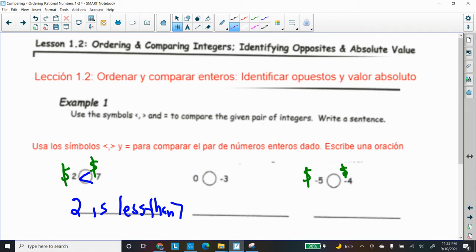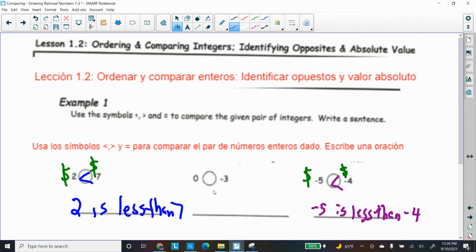Which would you rather owe, $4 or $5? Well, I would rather owe $4 than $5, because owing $4 is better than owing $5. So -5 is less than -4.